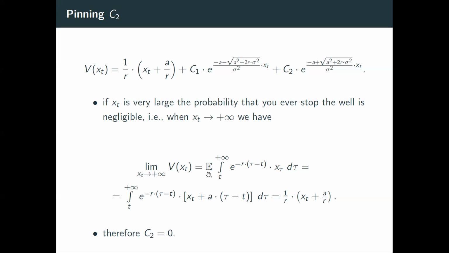And therefore, we need to calculate the value of operating the oil well forever without a possibility to shut it down. This value is quite straightforward. We just integrate xt, your profit, over all points in time from today to plus infinity in time. This plus infinity in time doesn't have anything to do with where xt is approaching.